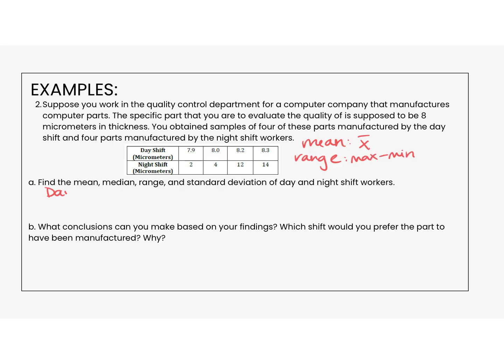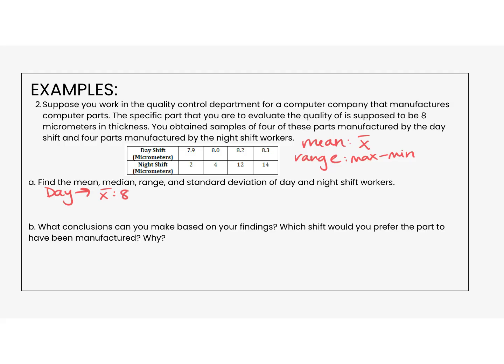All right, so let's look at the day shift. First we're going to edit. So we're going to hit stat edit again, and we're going to type in our values again into list 1. So I have 7.9, 8.0, 8.2, 8.3. And then we're going to hit stat calc, one variable stats to calculate.